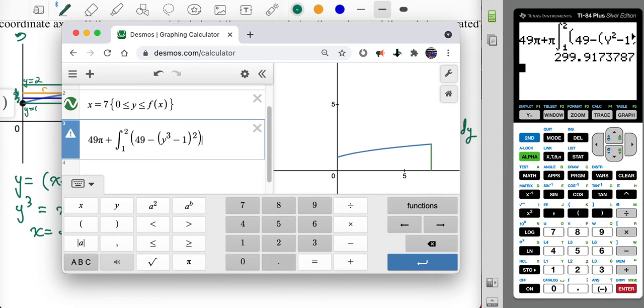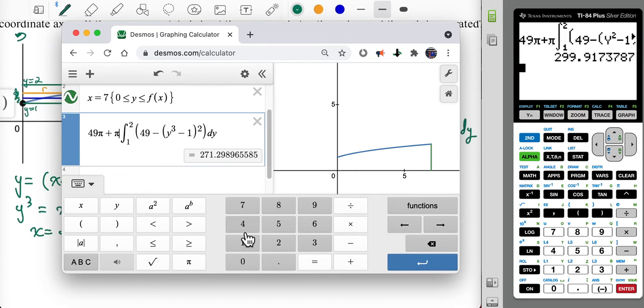Close it up and tack on a dy. And something went wrong. Oh, I forgot the pi. Look at this guy. Forgot the pi. 271.299. Well, I still messed something up, so let's take a look.